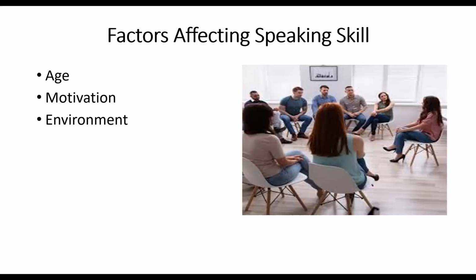And then the environment, it really affects speaking skills. First, language influence. Like me in Indonesia, we have Indonesian language and we also have local language, Japanese language. It can influence our second language or third language.